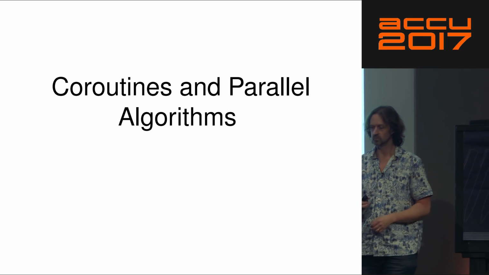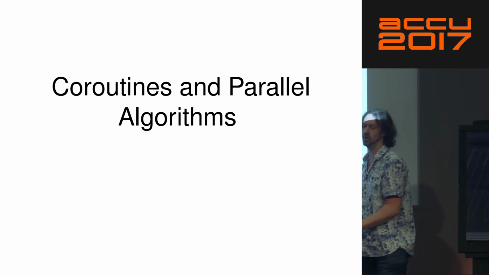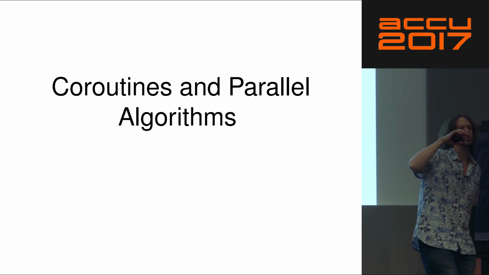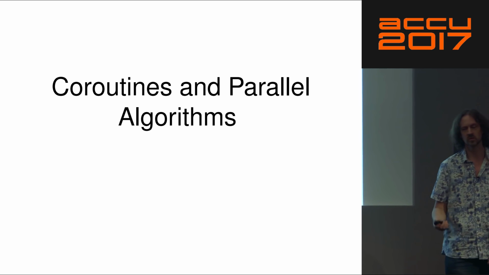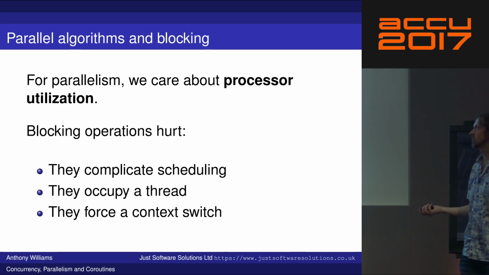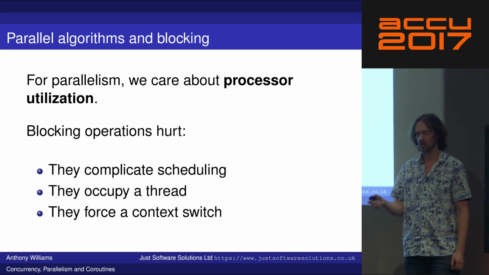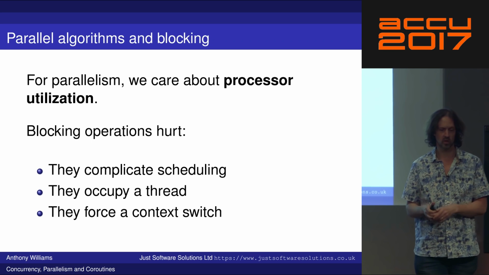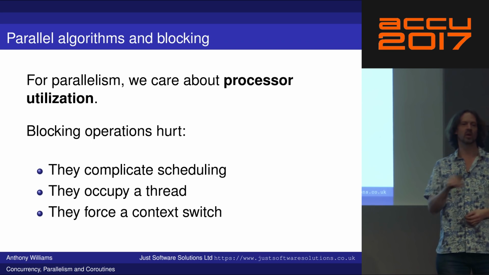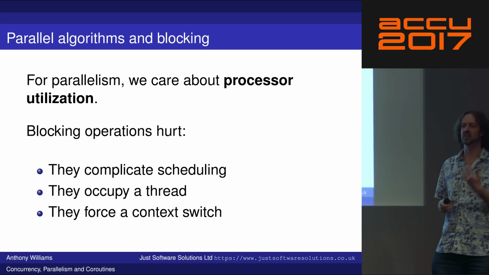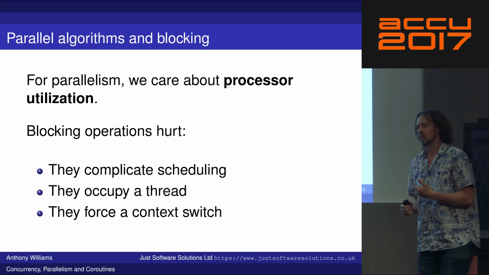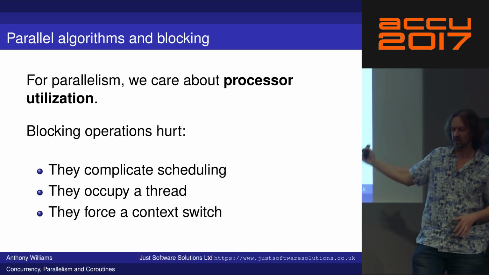Okay, so we're almost at the final part. We're going to talk more about coroutines and parallel algorithms, because I mentioned earlier that coroutines work nicely if we had a parallelized coroutine potential execution policy. But let's just have a look at parallelism for a second.